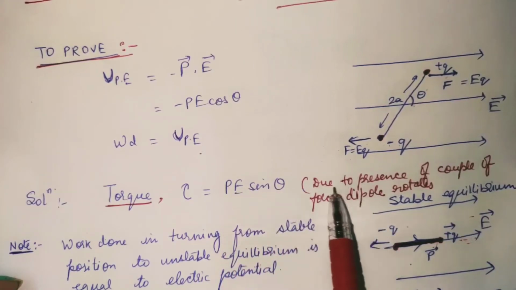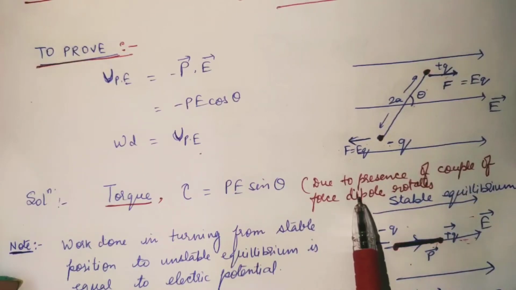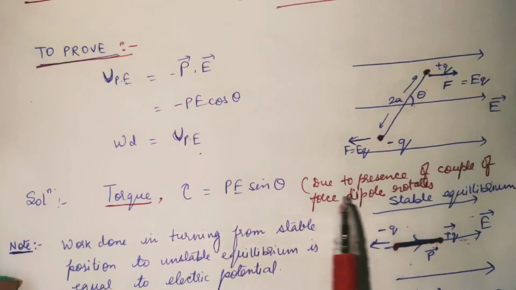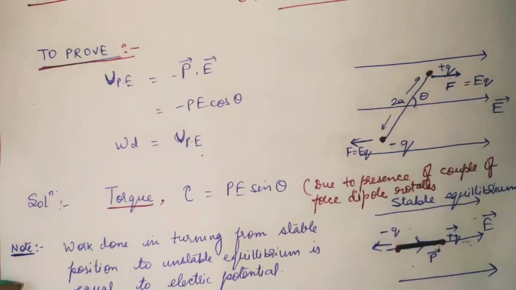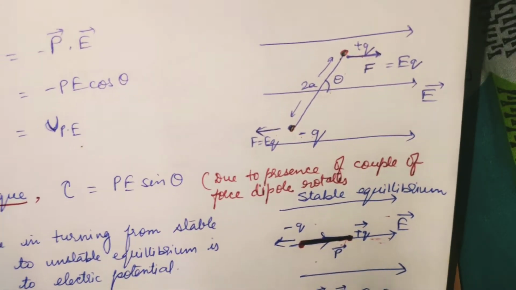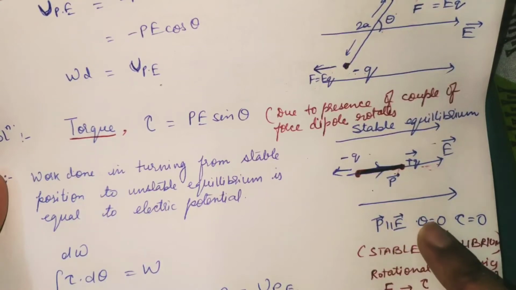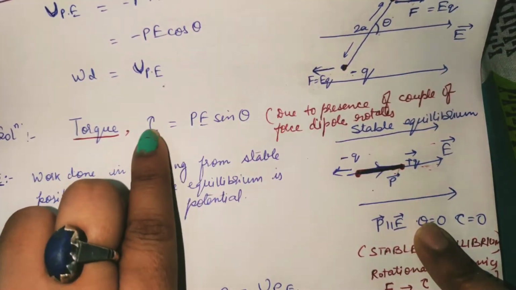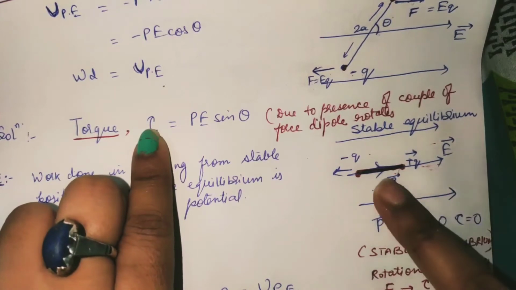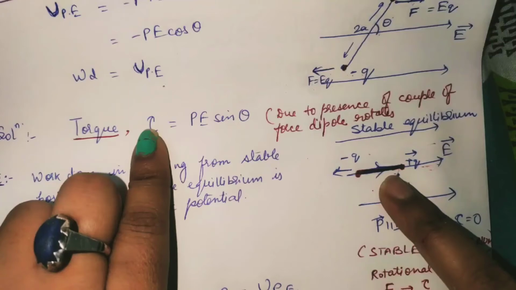This is due to the presence of a couple of forces on the dipole, and due to this torque the dipole rotates. So in the stable equilibrium state we can say that theta is 0. Putting theta as 0 here, we get torque as 0, meaning there will be no movement of the dipole and it is a stable equilibrium.